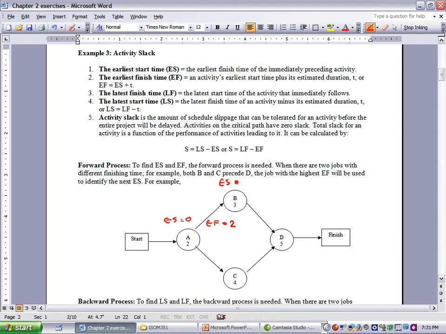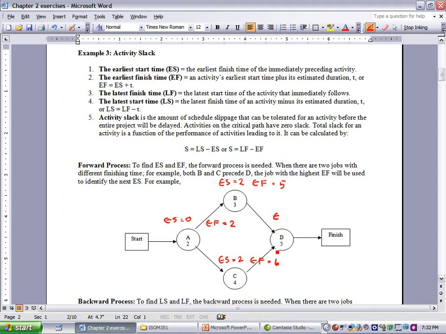Earliest start of 2 for both, and finish at 5, finish at 6.